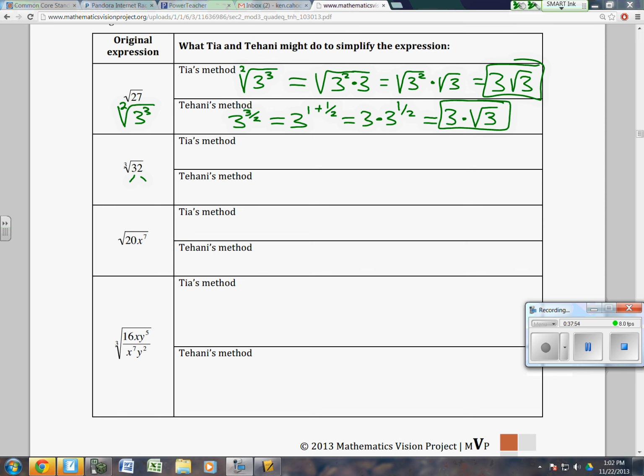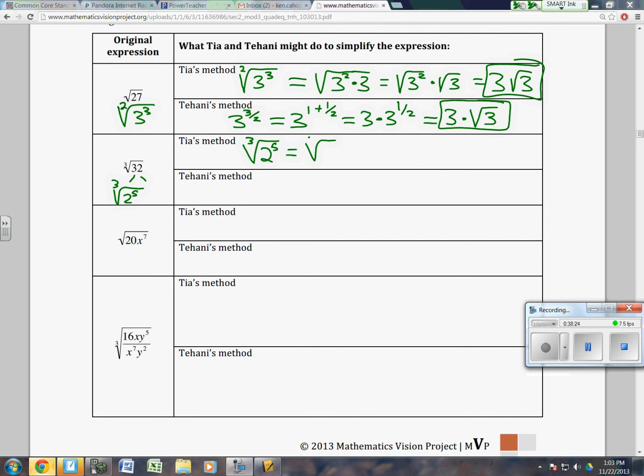Okay, first of all, what did 32 break down to? Cube root of 2 to the 5th power, right? 32 breaks down to 2 to the 5th power, because 2 times itself 5 times is 32. Now, it's suggesting that we have to break it down into 3s.